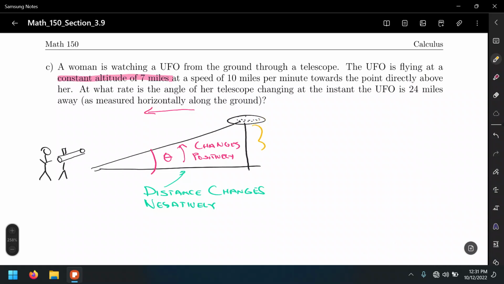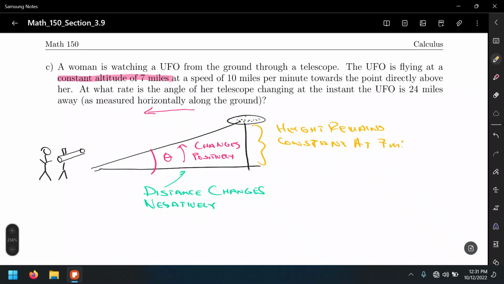So the height remains constant at 7 miles above the ground.